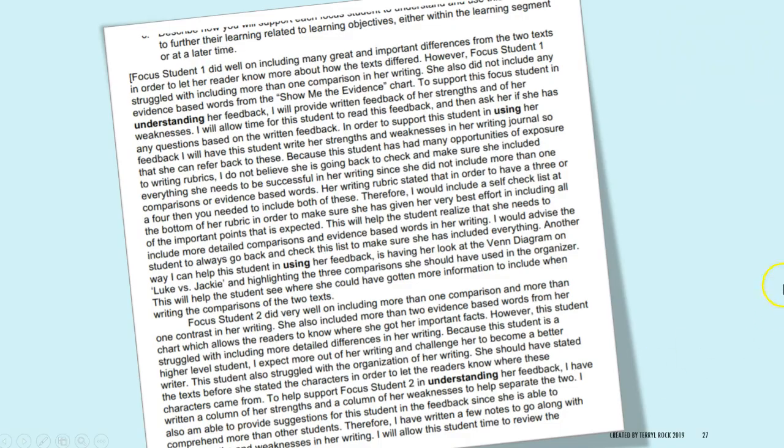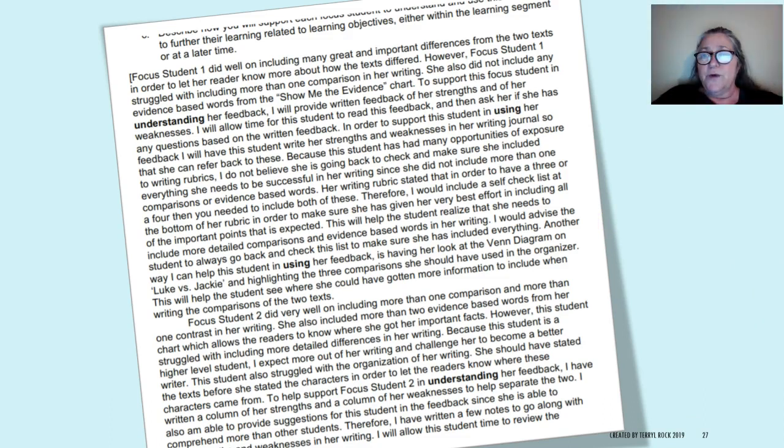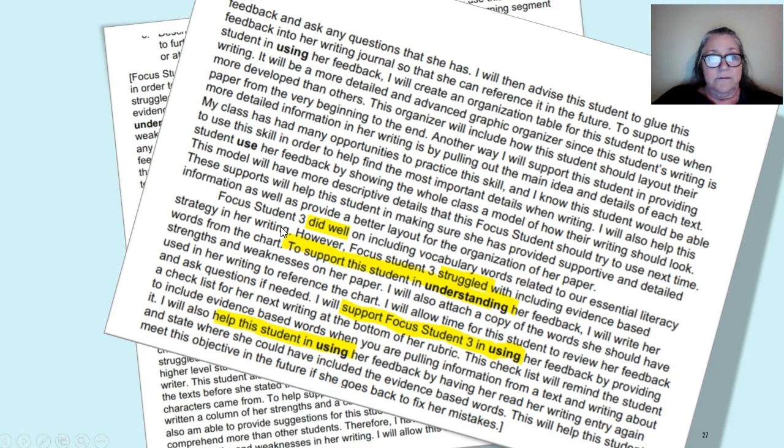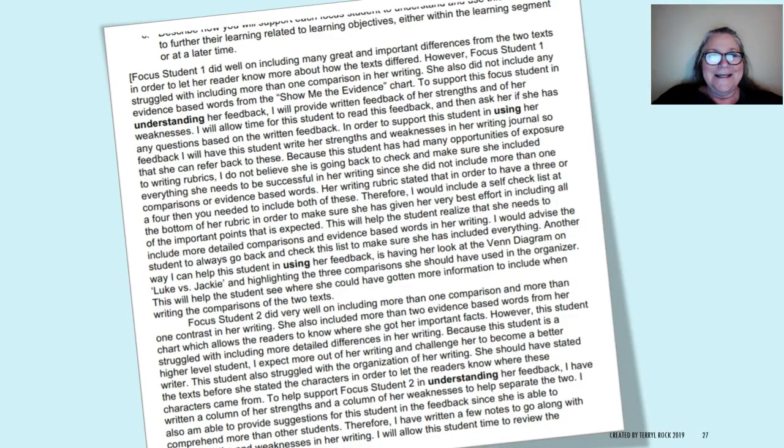Here's an example of one of my students from 2017. Look how much she wrote. This is one of the problems, that people don't write enough for this. And this person did not worry about how much she wrote, as long as you're staying within the page limits, and she did.